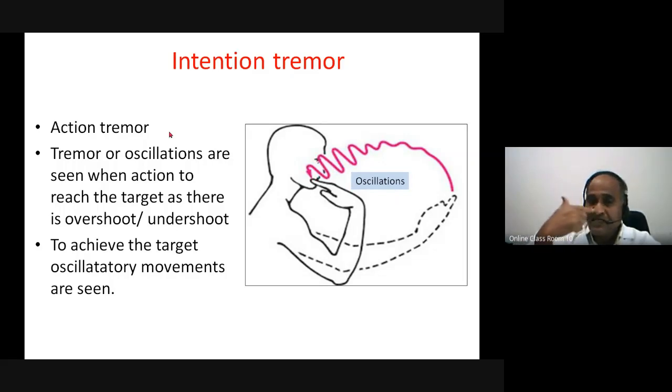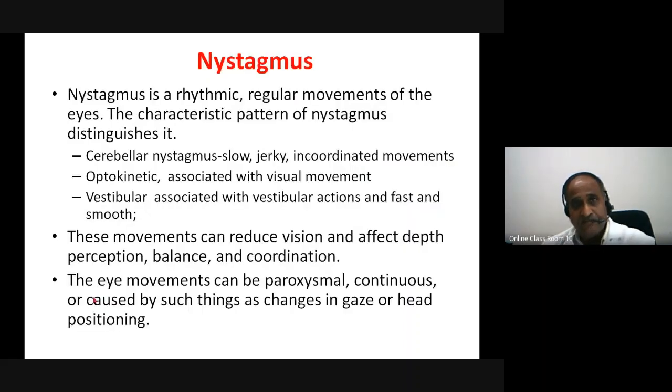That type of tremor is because of the oscillations. To achieve the target, oscillatory movements are seen, because our motions are pendular, and these pendular actions are to be dampened and made precise. That is a part of the intention tremor, and that is also a part of past pointing.